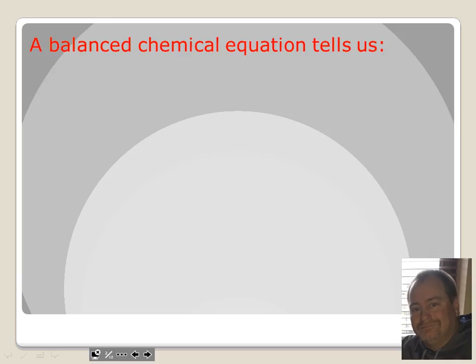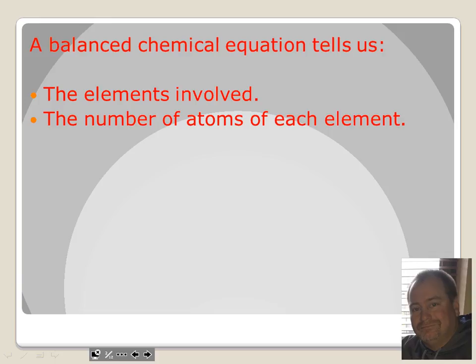Now let's review a little bit of what a balanced chemical equation will tell us. First of all, it lets us know all of the elements that are involved in the reaction. It tells us the number of atoms of each individual element.